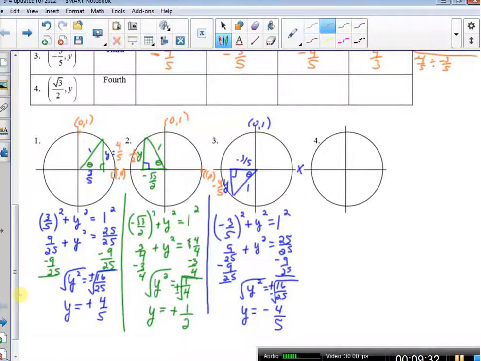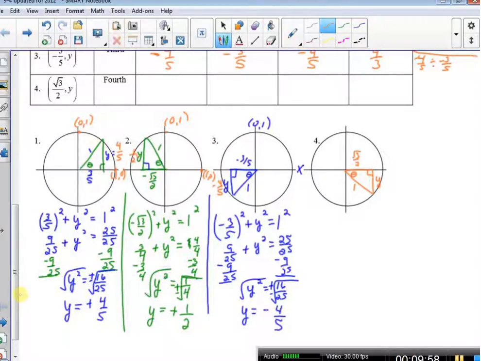And then in the last quadrant, I'm going to go over radical 3 over 2. So there's radical 3 over 2, down my y-coordinate, back to the beginning, which is the radius, which is 1. And now my theta is right there, closest to that x-axis.